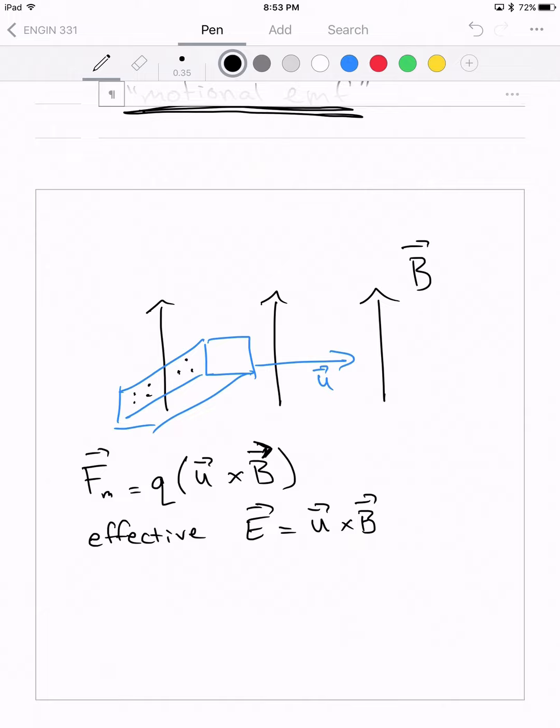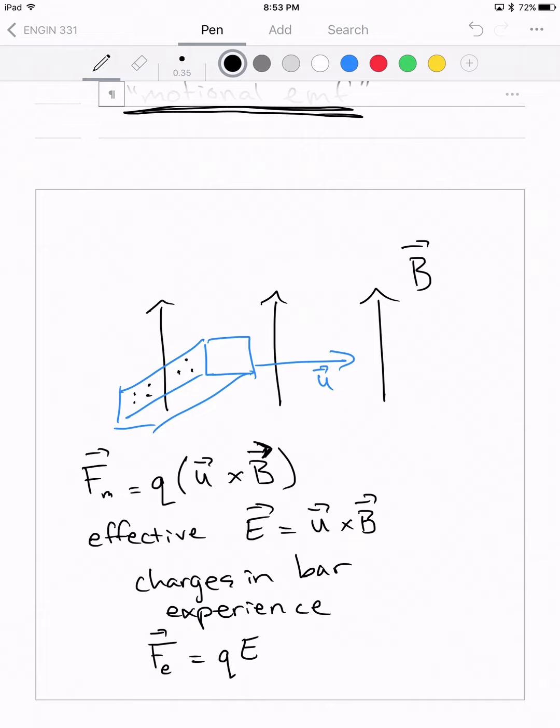So that then the charges in the bar experience the same force as an observer who's not moving would observe to be happening, except this time it looks like it's an electric force, which is equal to QE.